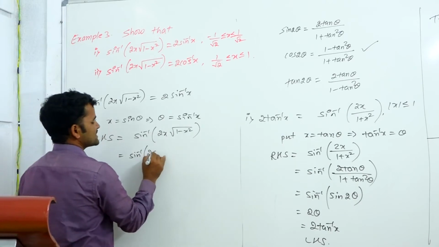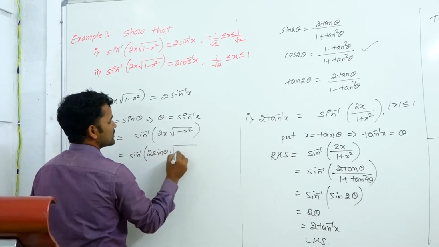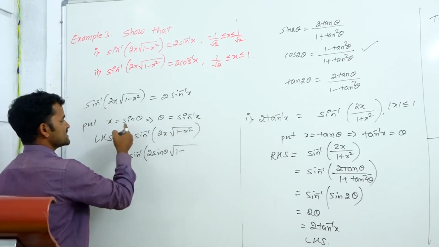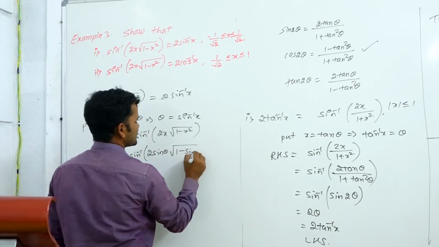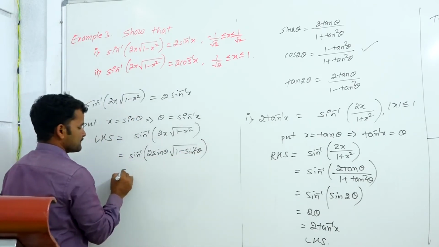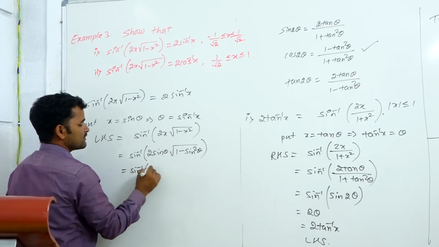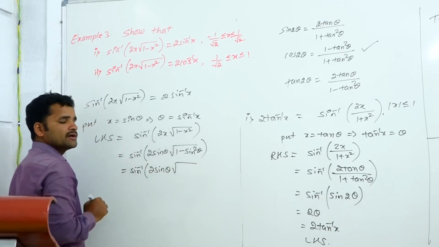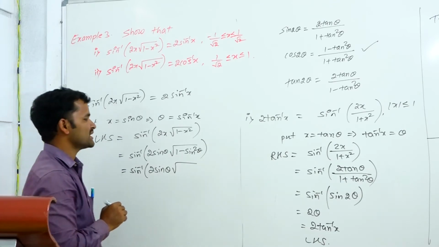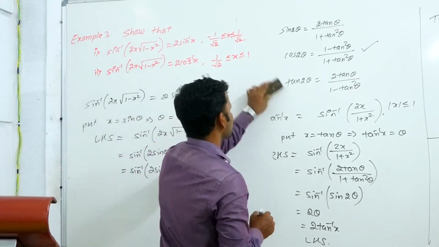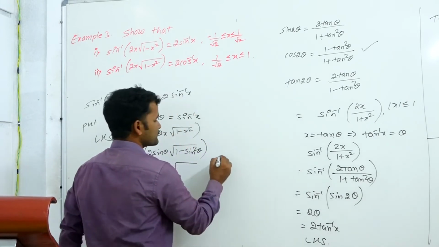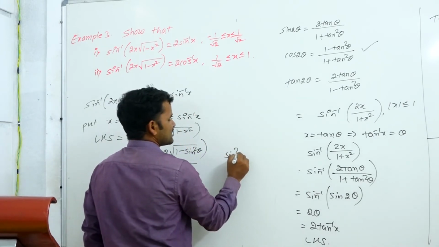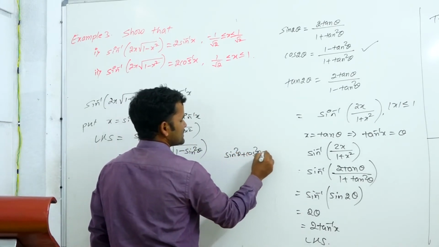X is nothing but sine theta, into square root of 1 minus x, x is nothing but sine theta, means it is sine square theta here, sine inverse of 2 times sine theta into square root of, we know 1 minus sine square is nothing but cos square, using the formula sine square theta plus cos square theta is equal to 1.